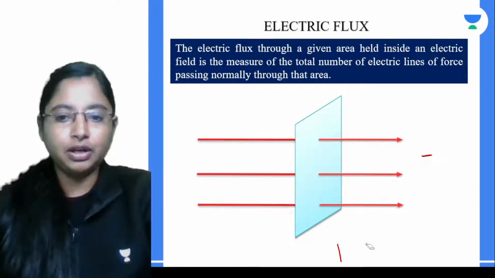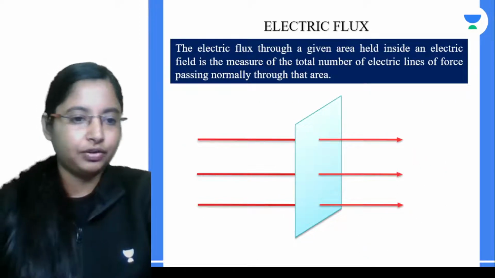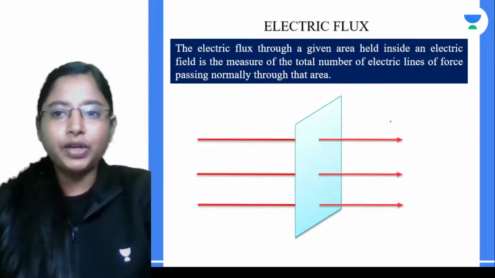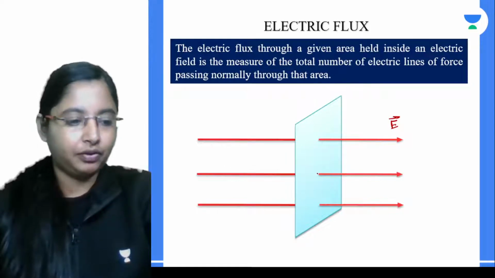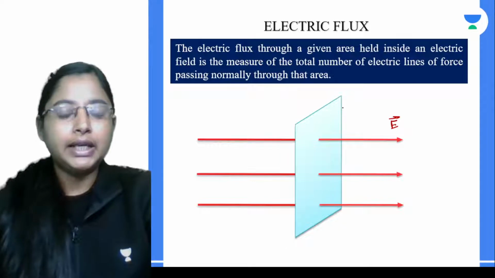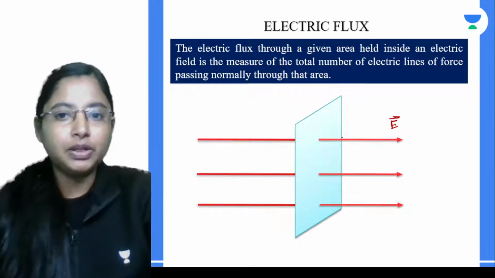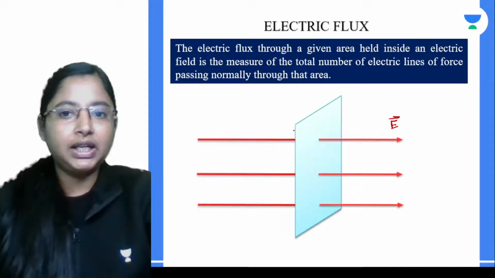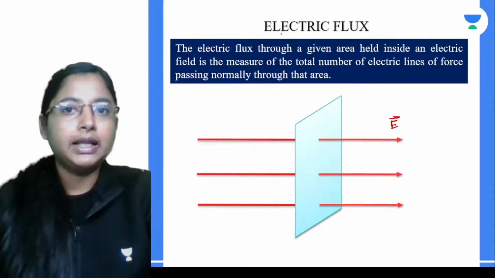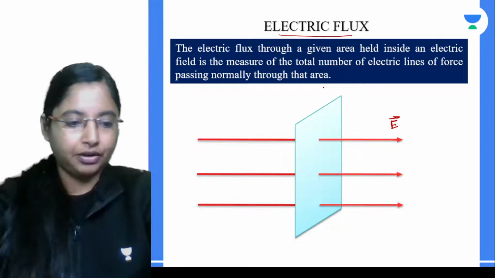In such a field, if you introduce an area perpendicular to this field, and measure how many field lines are passing through the given area, that gives us the idea of the electric flux.